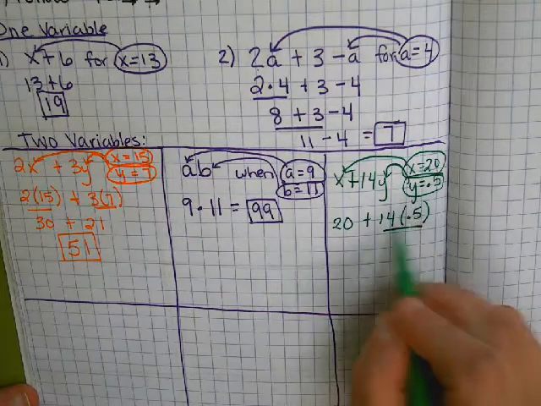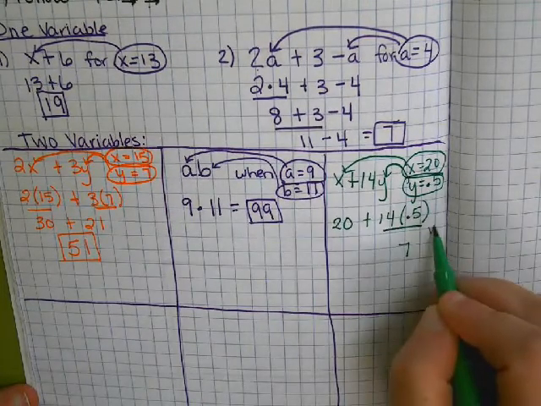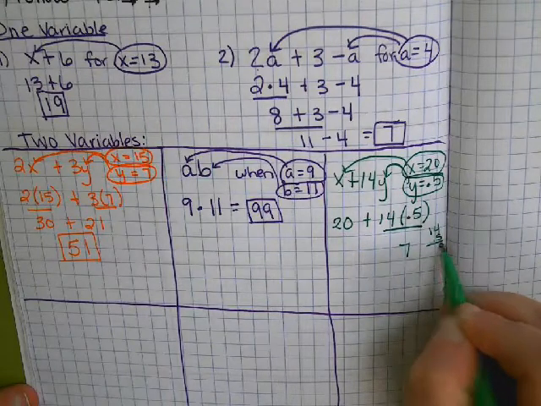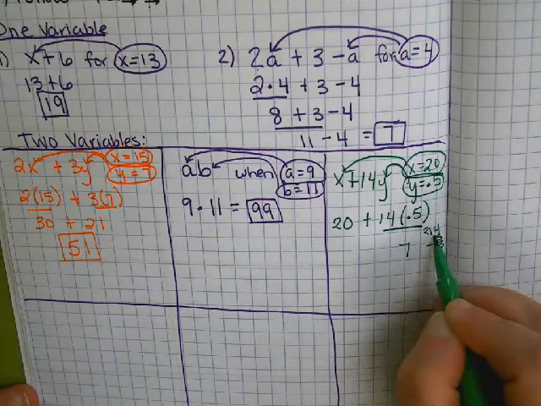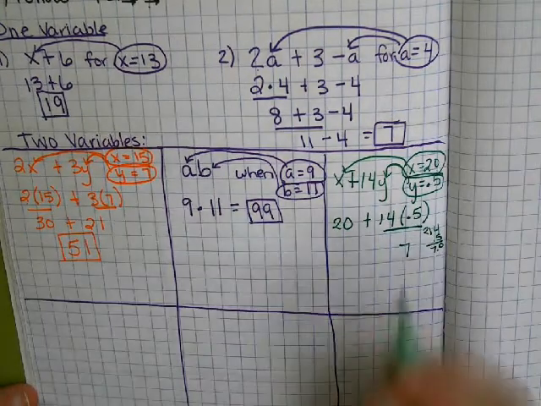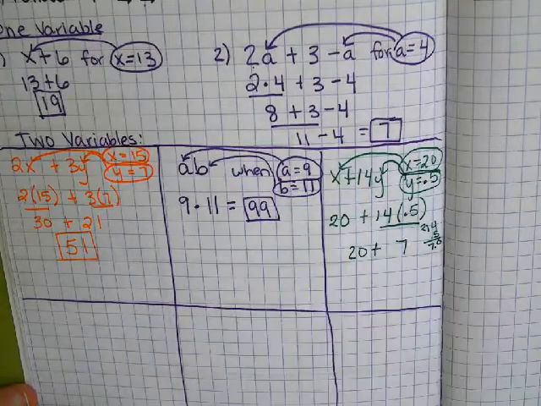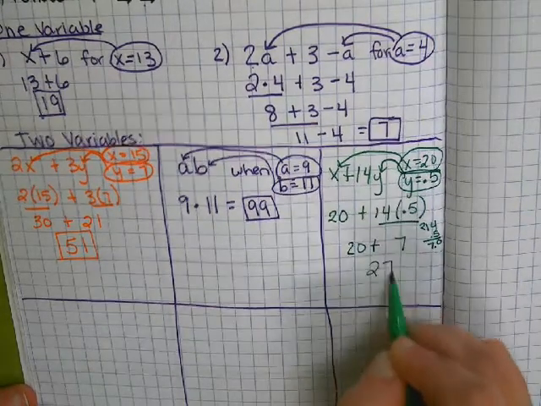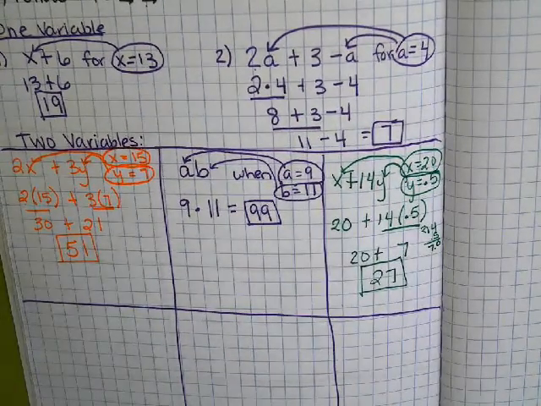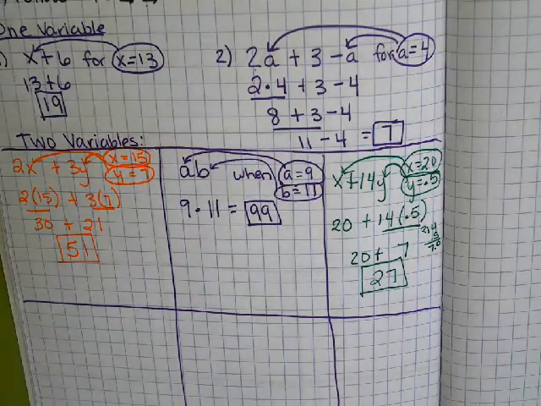I know that's half of 14 is just 7, but you could come over here and actually do the math if you needed to. 5 times 4 is 20. 5 times 1 is 5, plus 2 is 7 with one number behind the decimal. And drop it down. And 20 plus 7 is 27. Great job. Let's go to the next question.